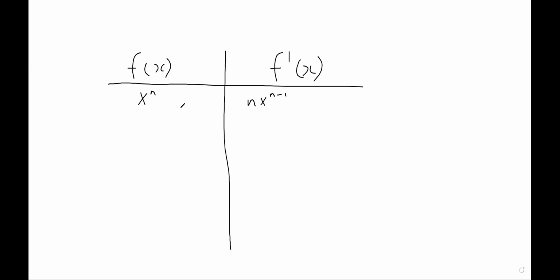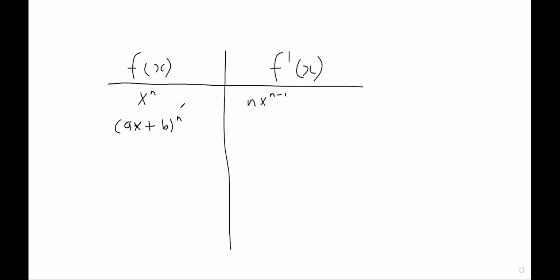We are also sometimes asked this one, where we have ax plus b, all raised to the power of n.